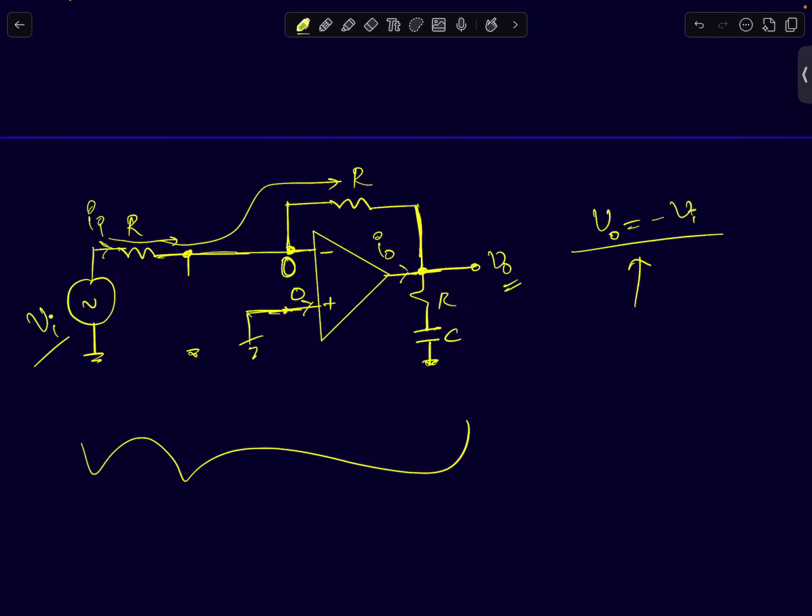Now, what is II? II is simply Vi by R. That's always the same. There is no change there. What is I naught? If I ask you, what will be your answer? What will be I naught?